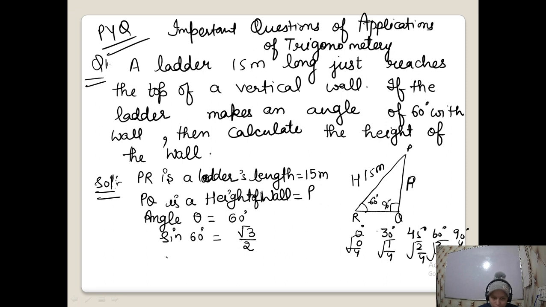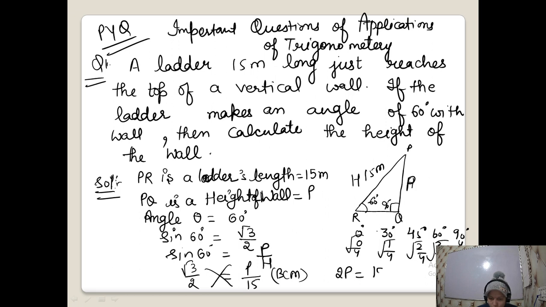After this you have to write like this: P over H, root 3 over 2 is equal to P, which we have to find out, over H, which is given 15. Now by cross multiply, 2P is equal to 15 root 3.